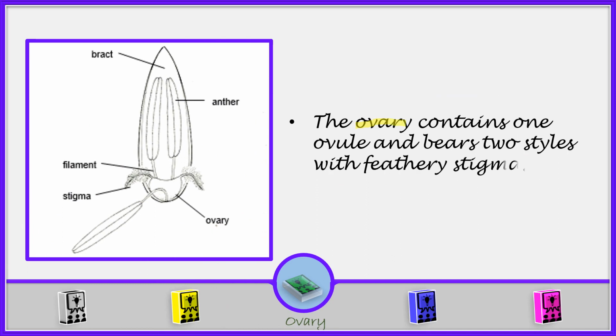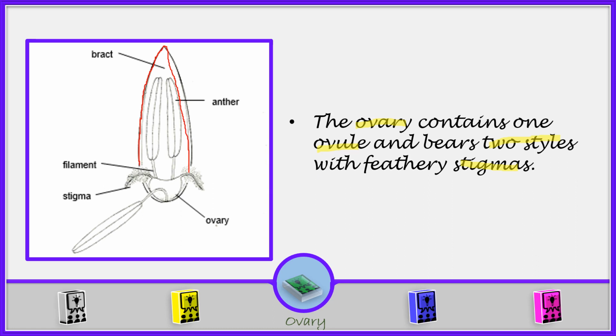The ovary contains one ovule and bears two styles with feathery stigma. So when you look at our flower, it has a bract outside. This structure outside is what we are calling a bract.